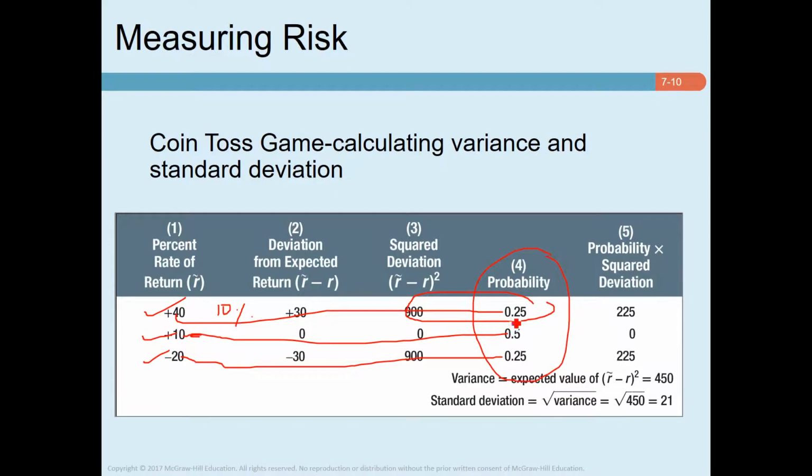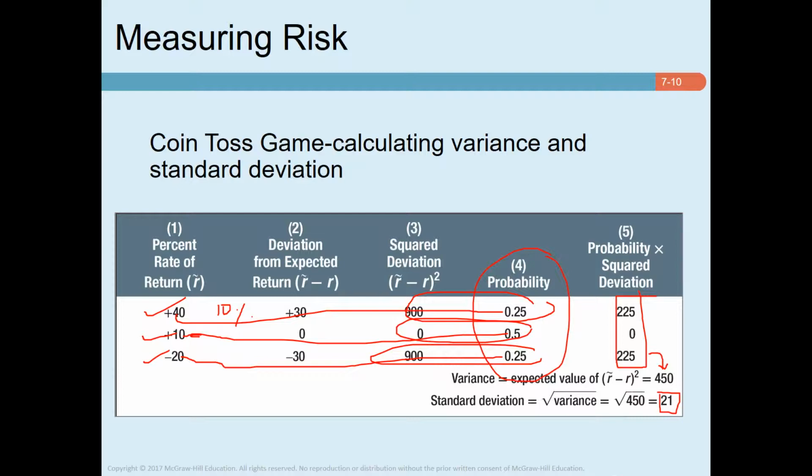So 25% times 900, we multiply these two and we multiply the others, and we get the products, which are 225, 0 and 225. If we sum them up, we get 450. That is basically the variance. Now, as we take the square root, we get the standard deviation, which is 21.